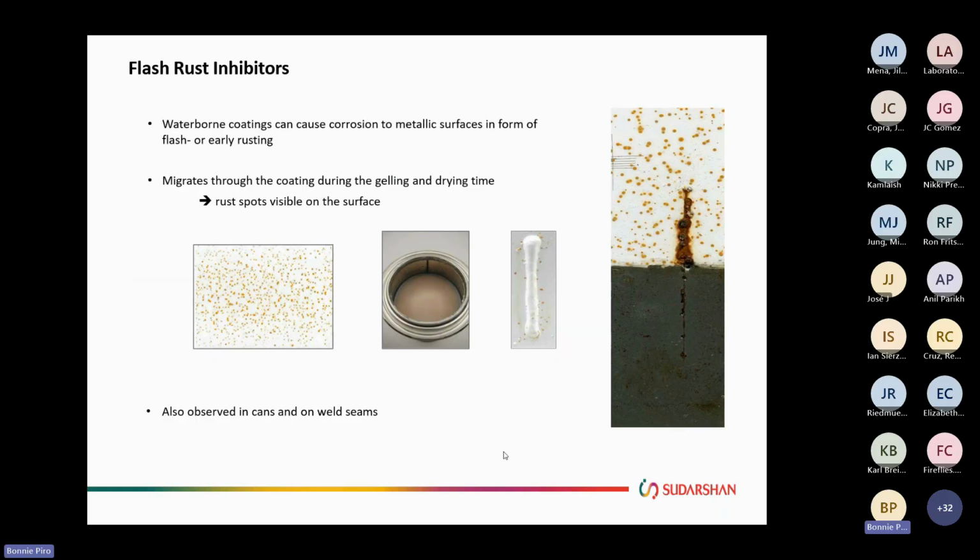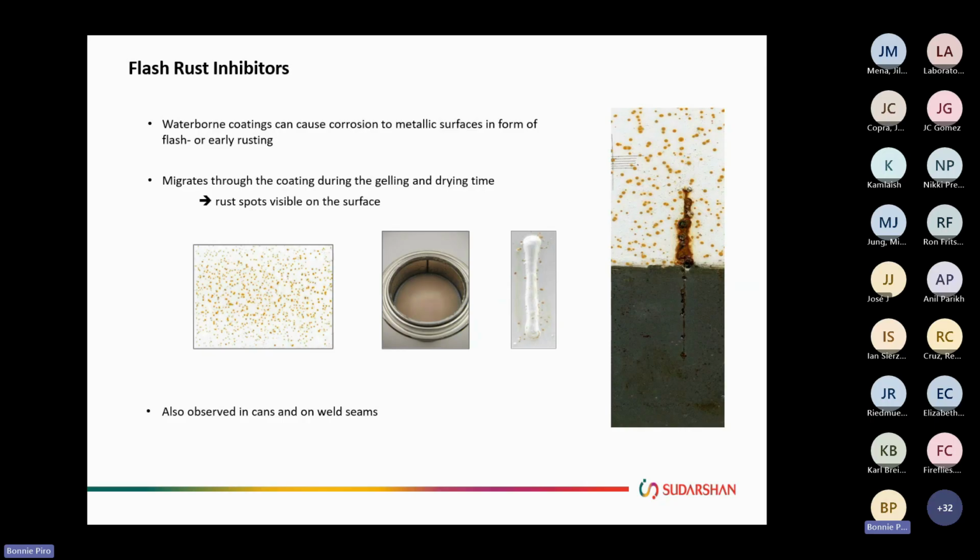Flash rust inhibitors. This is a category unto itself. And these products are really there to, as the name implies, eliminate or minimize the amount of quick rust that occurs on the top coat surface. And here, what we're trying to do, during the drying process, is keep the moisture from going through the top coat and getting to the surface in there.